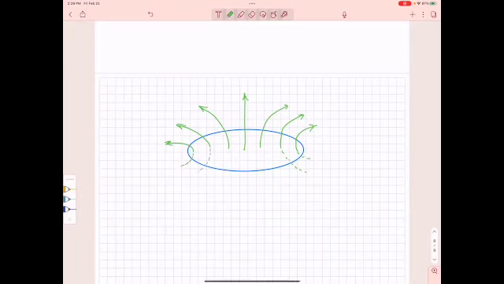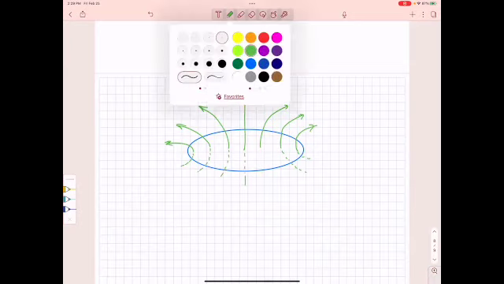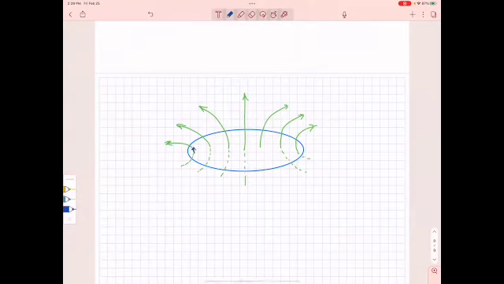So that tells you that as they go through the surface, they are all perpendicular. So for example, you're going to have one here, another one here, but they are all perpendicular. There are no horizontal components of the magnetic field on the surface.